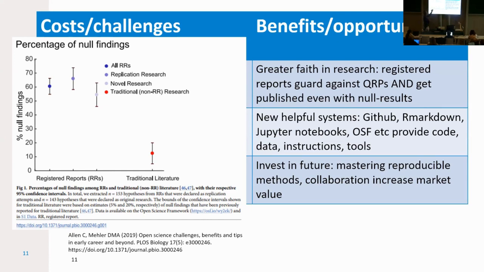And it's clear that if you look at the amount of null findings that are being reported in journals, the amount of null findings is dramatically higher in those registered reports, not because it's worse research, but probably, I mean, it's just a guess, because an amount of 60% null results is more realistic in terms of our ability to really understand things properly than a percentage of 10% null results, which is found in the traditional literature without pre-registration.